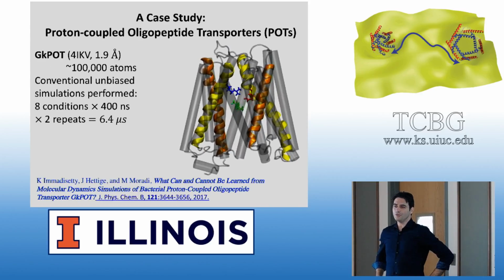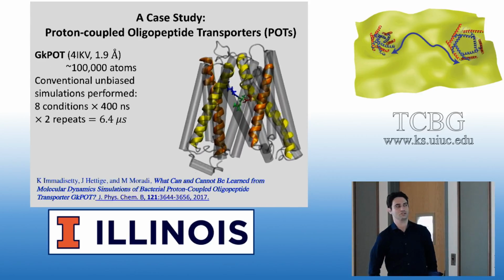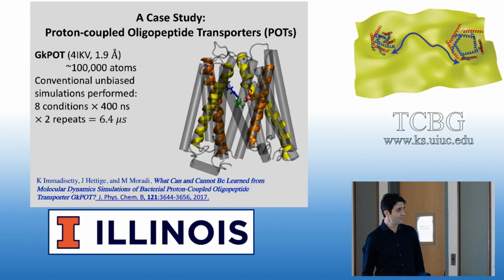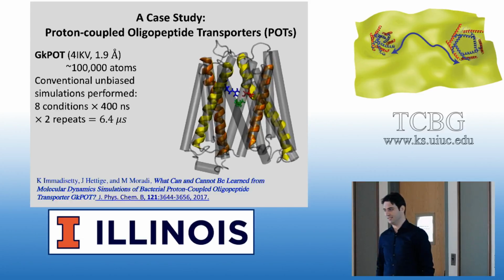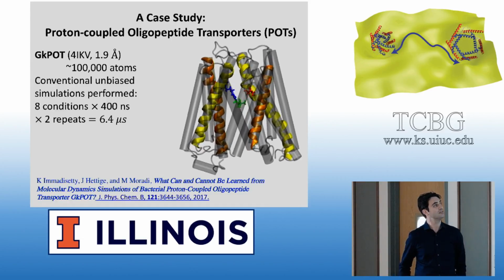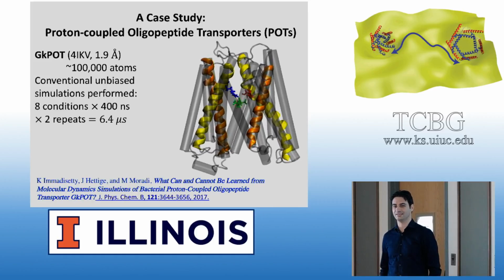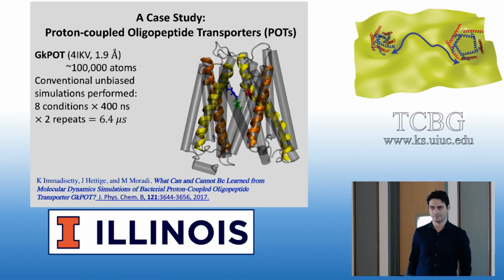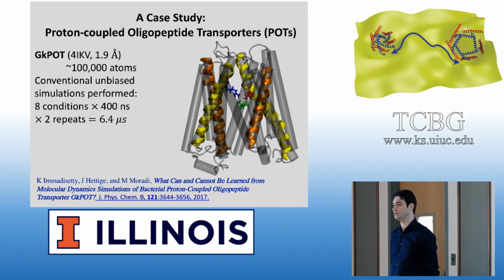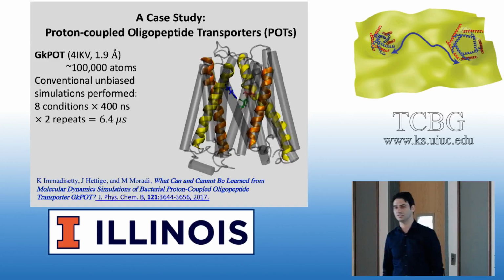So why are equilibrium simulations not good for this kind of studies? Well, I have a particular case study here that I can show you. So this is a membrane transporter. It belongs to the proton-coupled oligopeptide transporters.